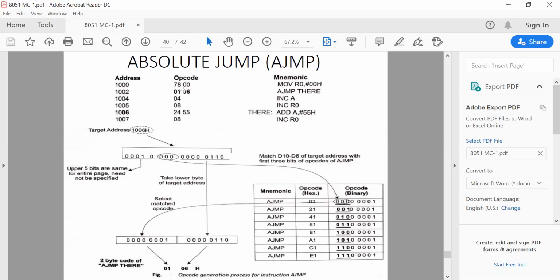Now how did this 06 come into this position? Why is it 06 and not 1006? Basically, here is the calculation, the lower 8 bits.